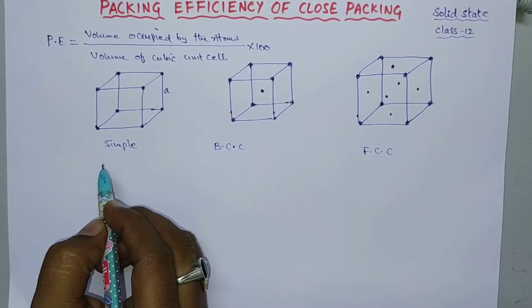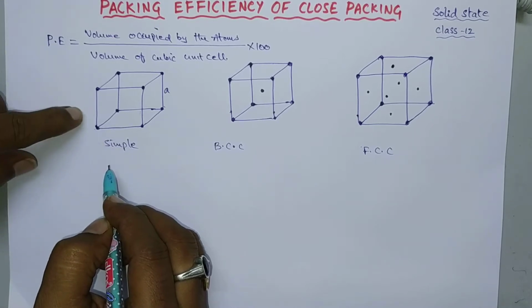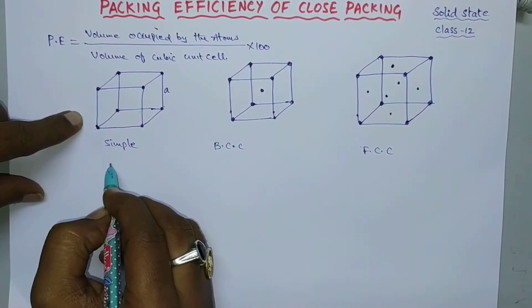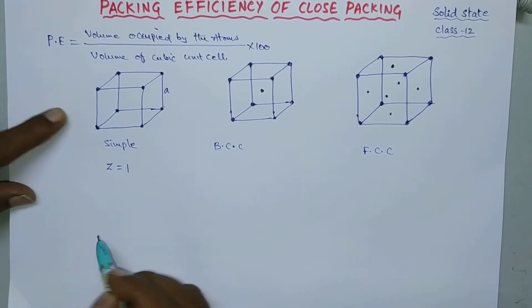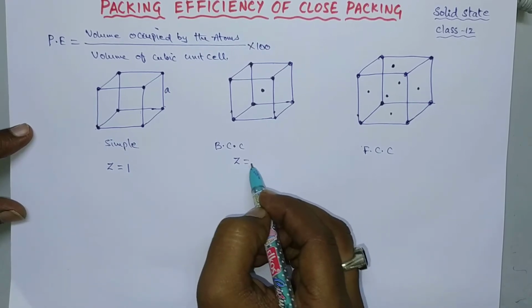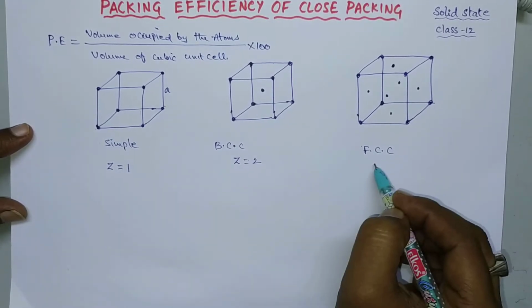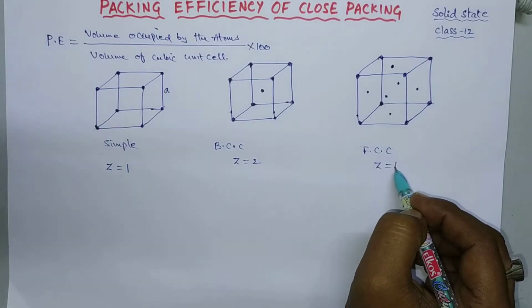Go through that video also; I will give you the link in the description. So the number of atoms present in a simple cube is 1, indicated by Z, so the Z value is 1 here. For the BCC structure the Z value is 2, and for FCC Z is equal to 4.